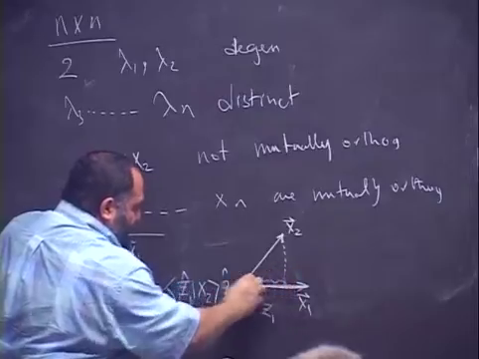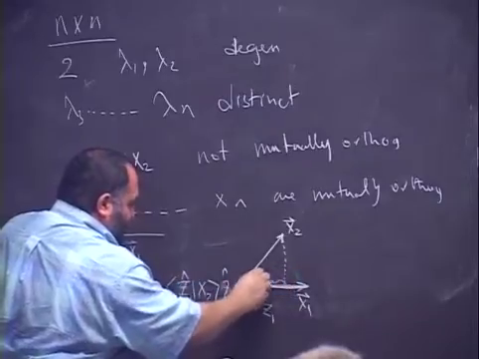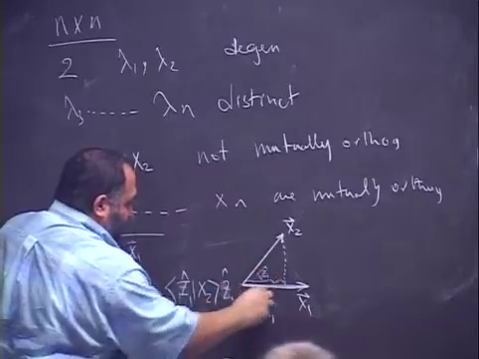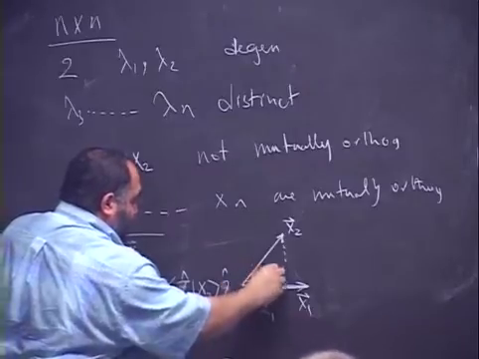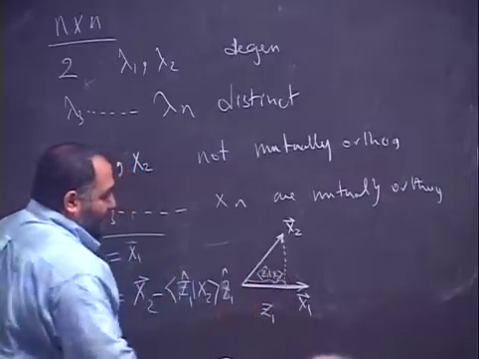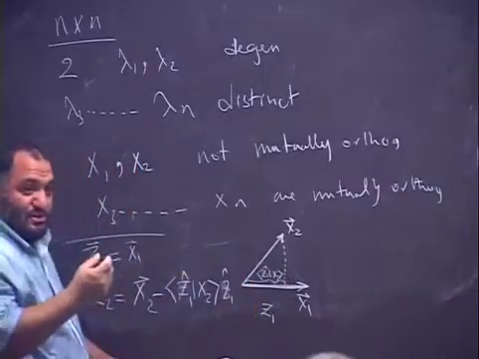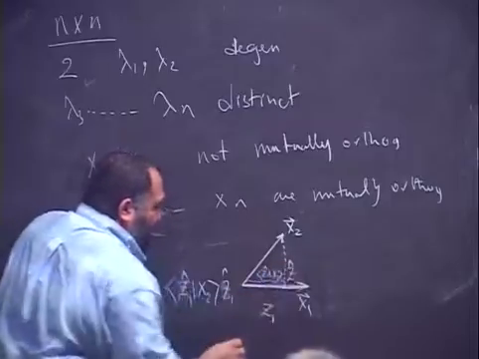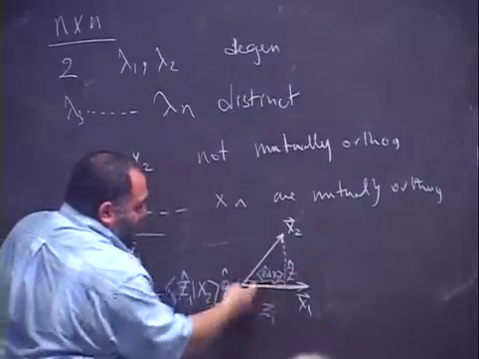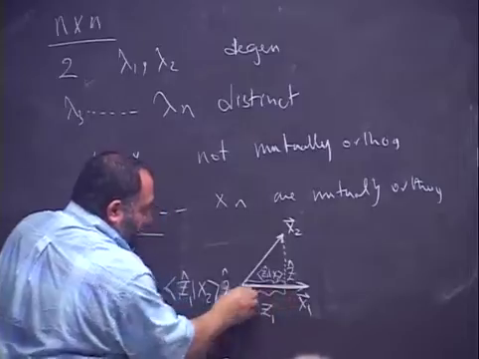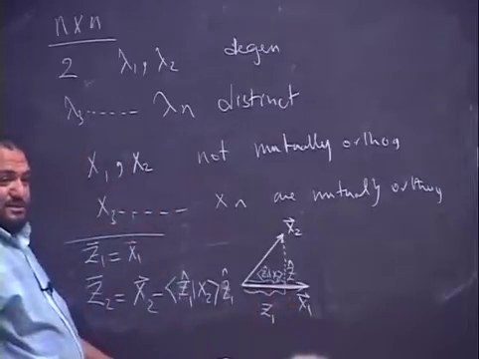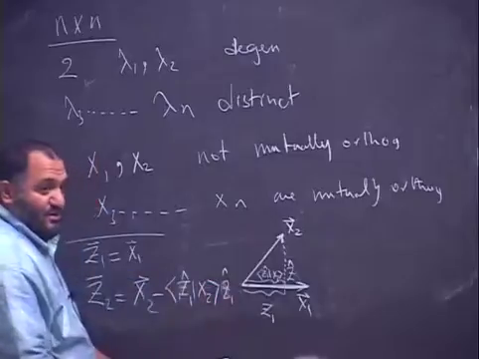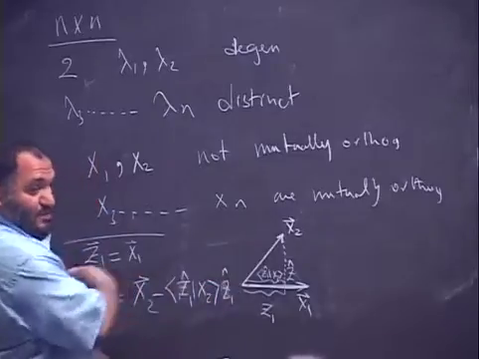This is the unit vector of z1 dotted with x2, so this is just the amplitude. If I multiply the amplitude by the unit vector z1, this will give me a vector, which is this one. Yes, guys? What's the negative of this vector? It would be in the opposite direction.